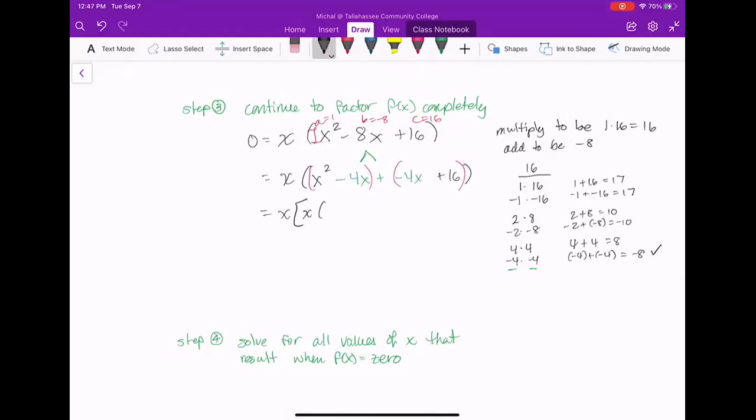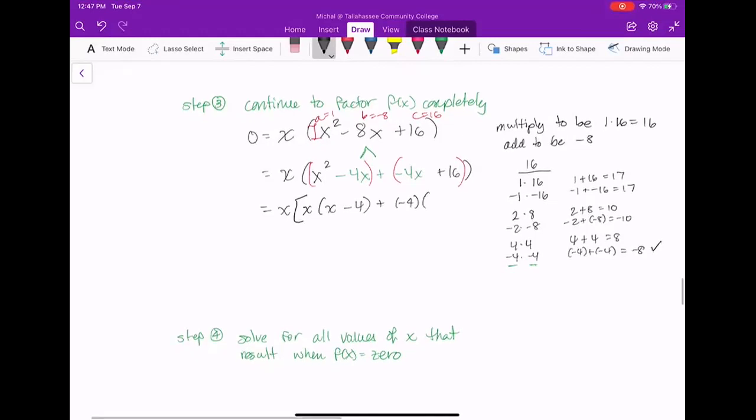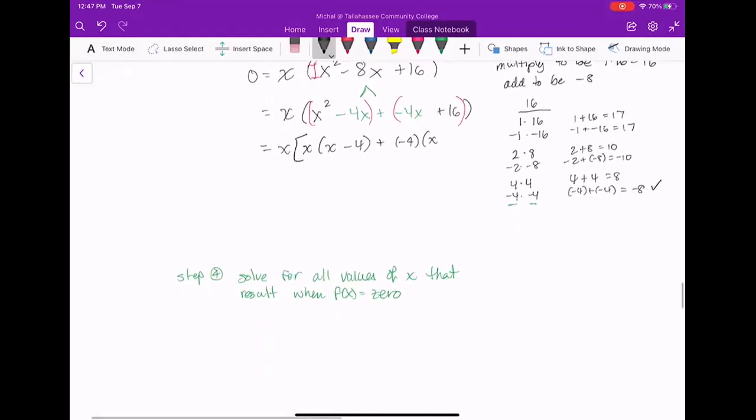And I would multiply x times x to get x squared, and x times negative 4 to get negative 4x. Over here, remember I said that I want the coefficient of x to have a positive value. So I'm going to factor out a -4 as the greatest common factor. -4 times x is equal to -4x. And -4 times -4 is equal to +16.